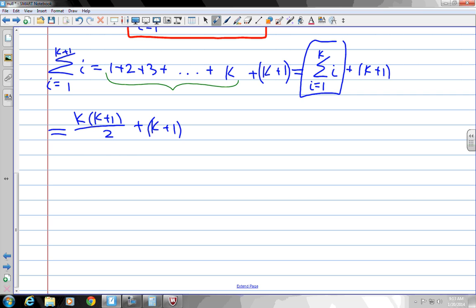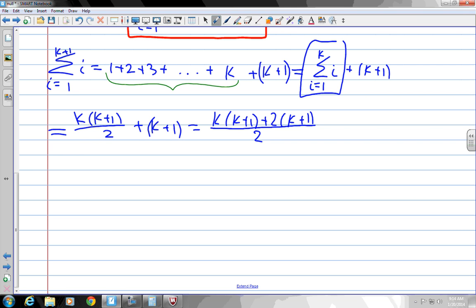I need to add two fractions, so I need to get the common denominator. So it's k times k plus 1, plus 2 times k plus 1, over 2. Right? I do this 2 over 2 trick. Is that okay? Just adding fractions. Now in this numerator, I have a common factor of k plus 1.